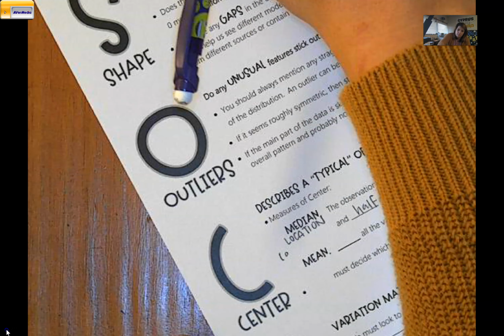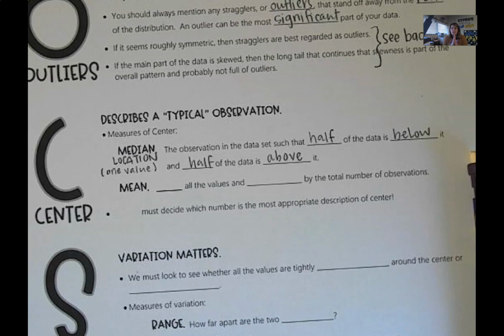We can use the median to say kids typically scored 85, but we have to be really clear on the fact that the median is or comes from a location in the data set, and we're speaking specifically about one value, and it is the value for which half of the data is to the left and half of the data is to the right. So it is helpful. It does give us good information. We just have to be aware that it is based off of a location and it is one value in the data set.